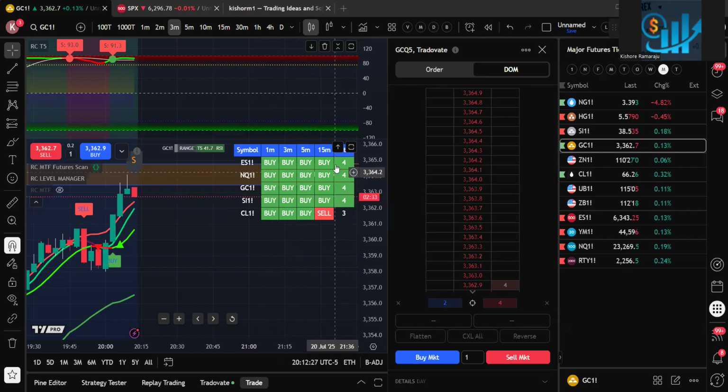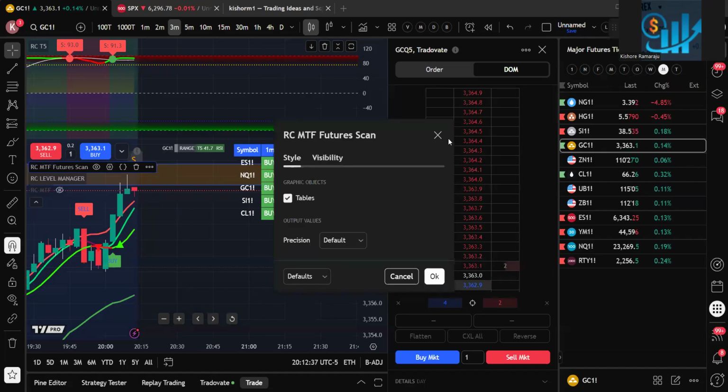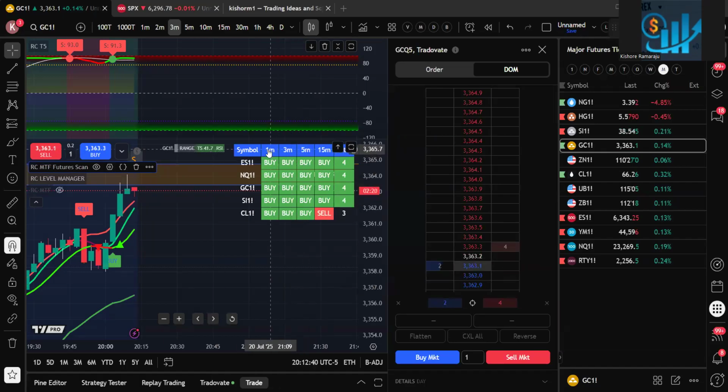If the score is 4, that means in all time frames it is bullish, because it is mainly for day trading, right? If you want to do swing trading, then we can even change the time frames to higher ones. Instead of 1, 3, 5, 15, you can do 5, 15, 30, 1 hour.